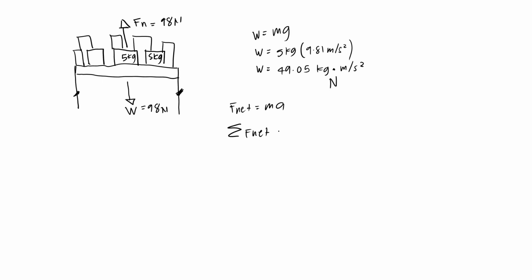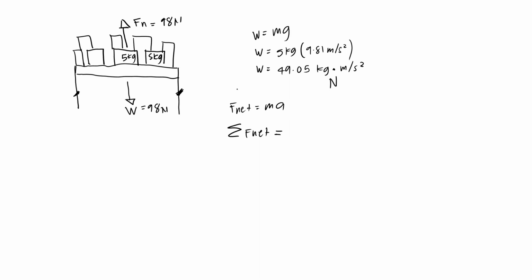So in getting the net force, we can simply add these forces, the Fn and the weight. So these two are vector quantities, meaning the direction is important, guys. So if the weight is going down, we can simply put this value as negative. And if the normal force is going up, the 98 newton is positive.